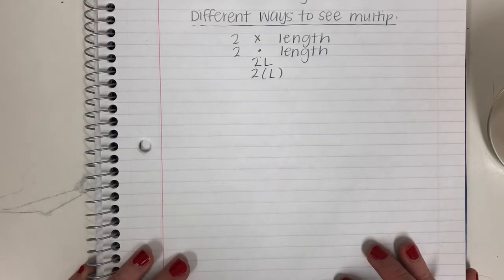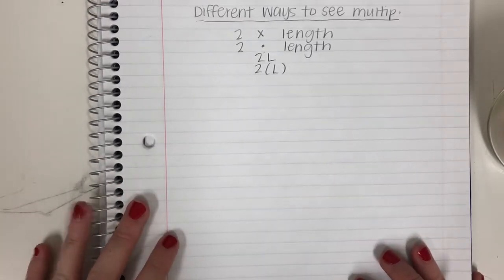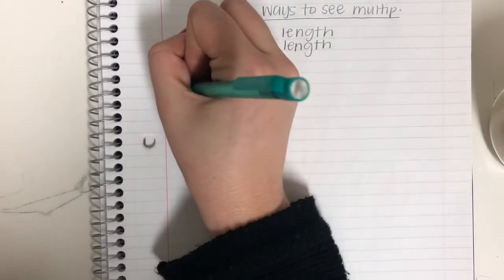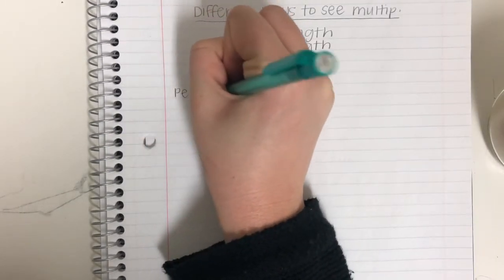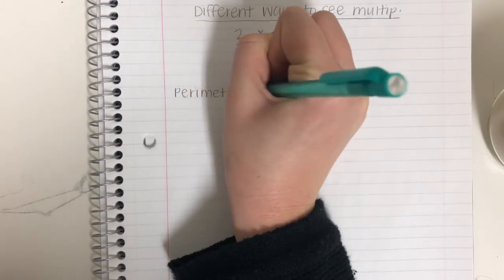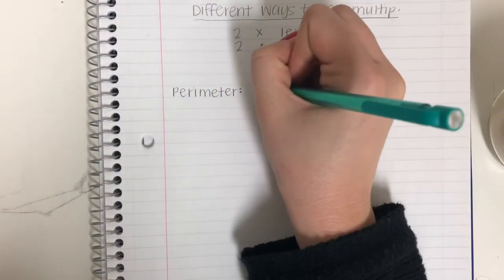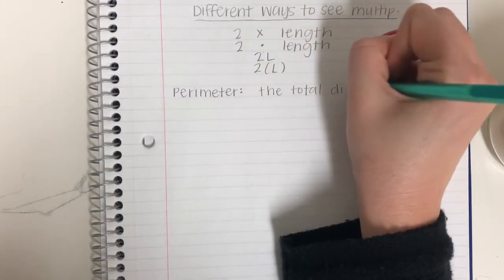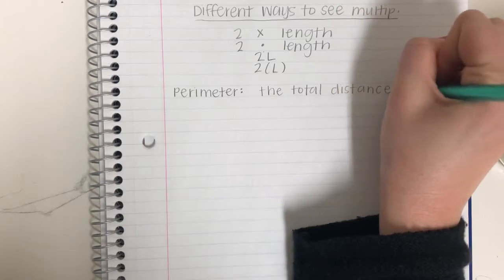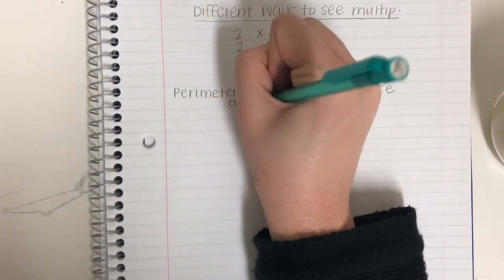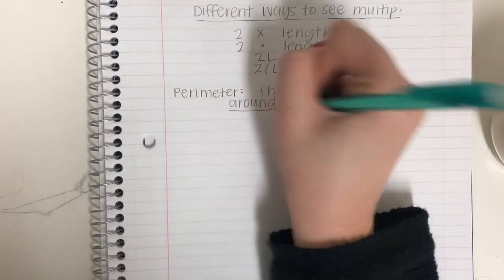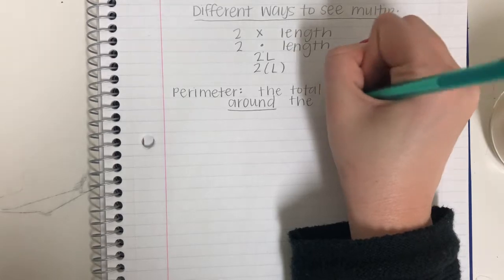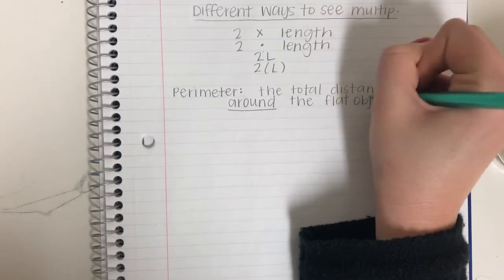Okay, just like area, perimeter has a formula as well. So let's first define what the perimeter is. So we're going to write perimeter is the total distance around the flat object.